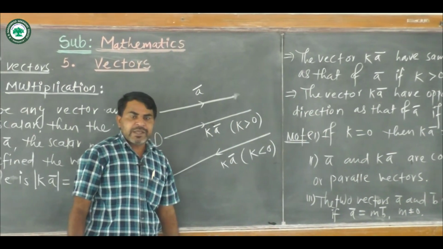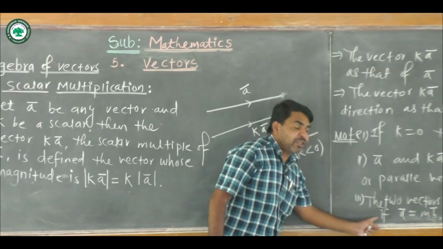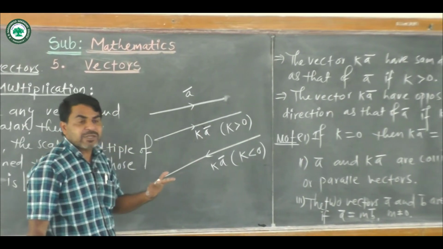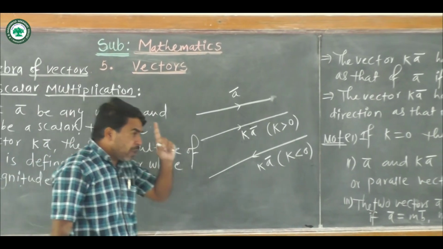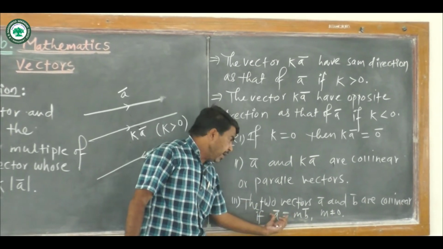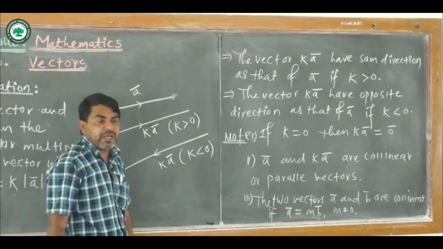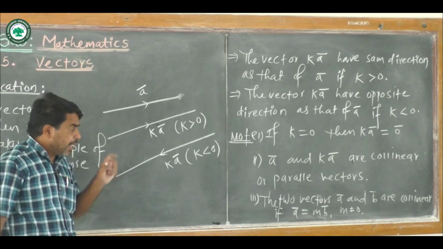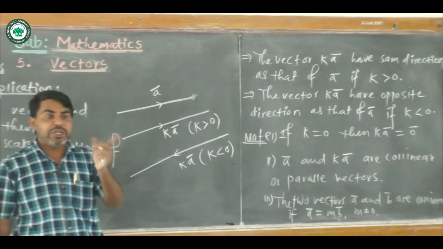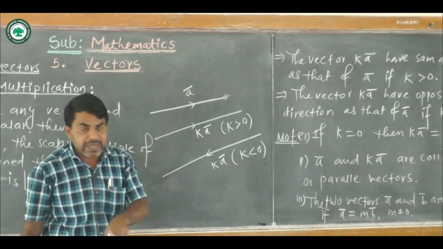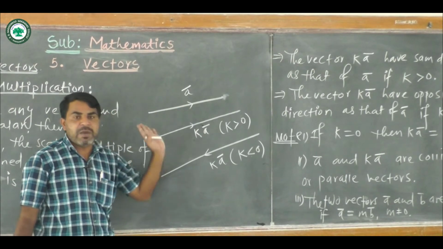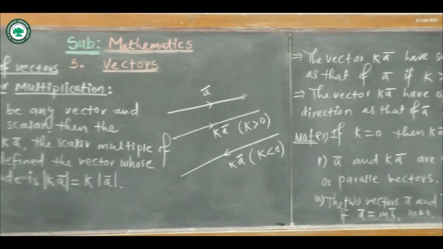This is the mathematical definition of collinear vectors. Two vectors are said to be collinear if any one of them can be expressed as the scalar multiple of other. Here a bar and b bar are two collinear vectors. It means that we can write either a bar is equal to m into b bar or b bar is equal to m into a bar, where m is scalar and m is not equal to 0. So this is everything about the scalar multiplication.